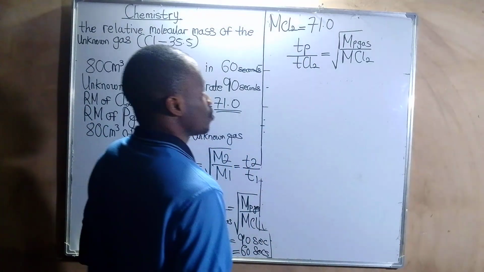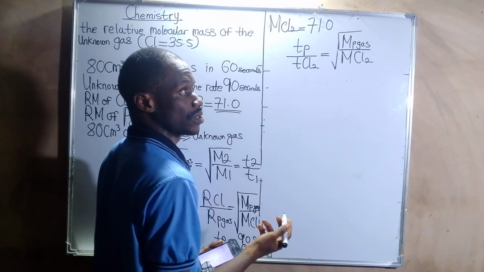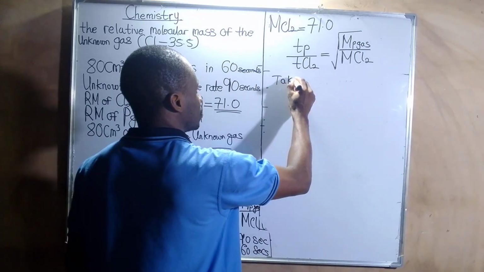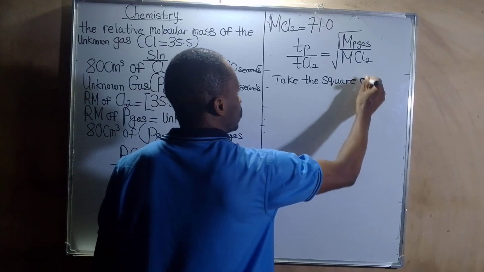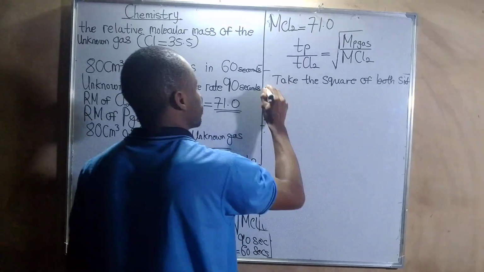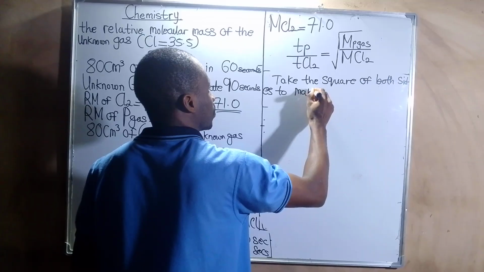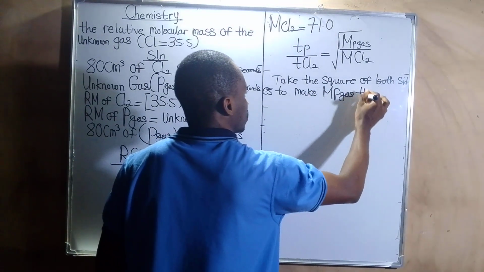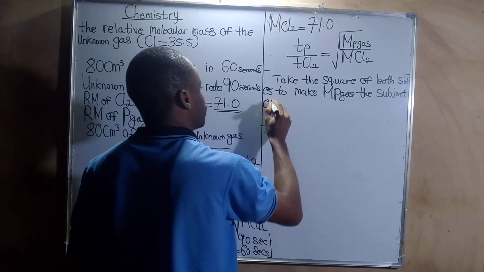Now, to make MP the subject of the formula, we are going to take the square of both sides, to make the mass of P gas the subject of the formula.